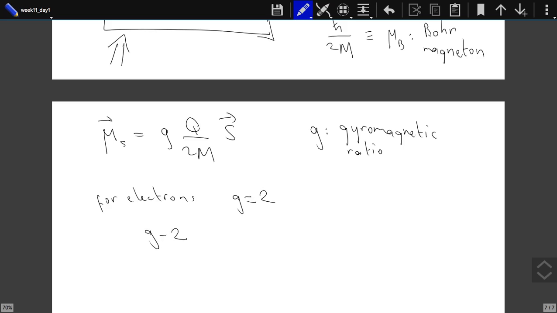You will always see G minus 2, because G for an electron has to be 2 without any quantum corrections, and with corrections it deviates from 2. Those deviations are small, so you just calculate the deviation from the 2.